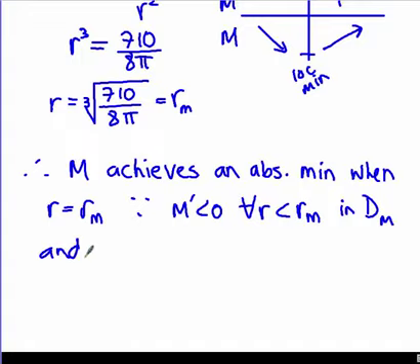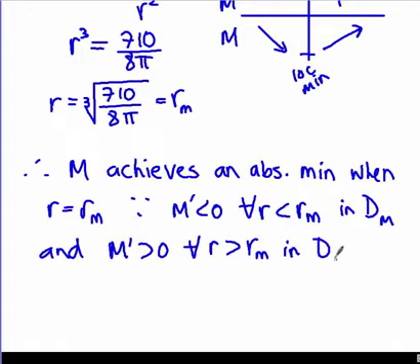And m prime is greater than 0 for all r greater than r_m, again, in the domain. So I ended up with an answer of r equals the cube root of 710 over 8 pi.